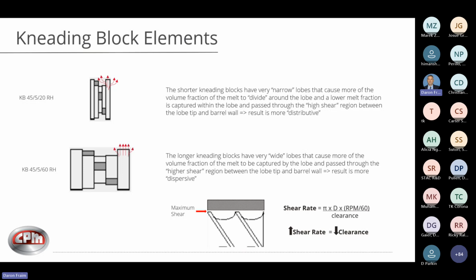So your maximum shear, or your peak shear as we classify it, happens at the very tip of the element flight in the barrel wall. And so in the case of melt being squeezed or captured in that small clearance region is where your high dispersion is.